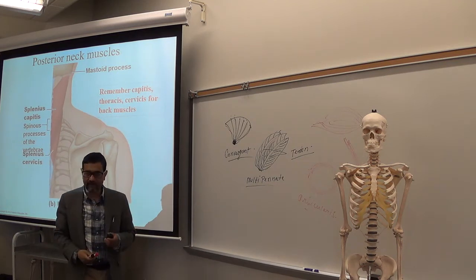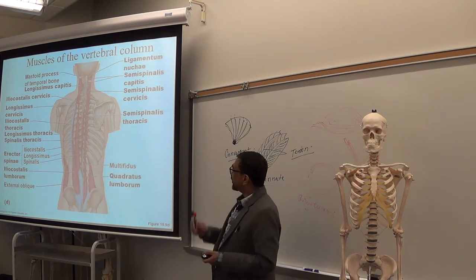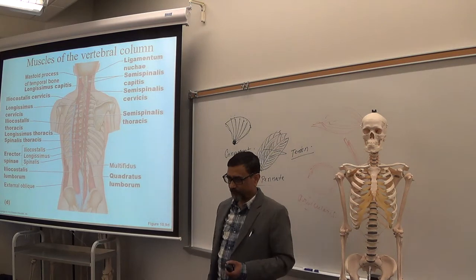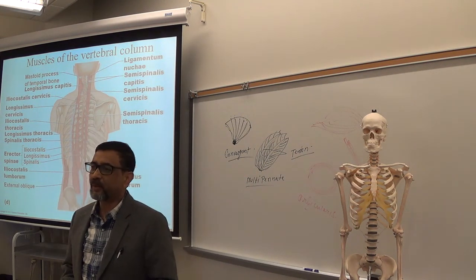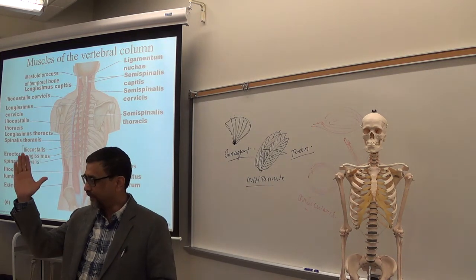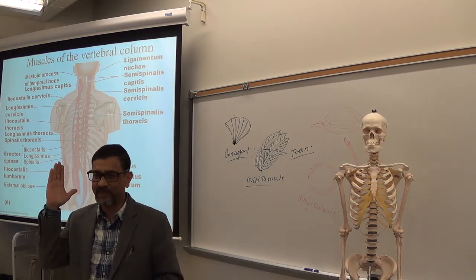And muscles of the vertebral column. The muscles around the vertebral column help to keep the vertebral column straight. It is very important, you know that. You have to keep your vertebral column straight, right?